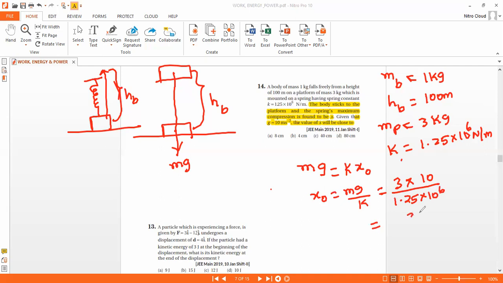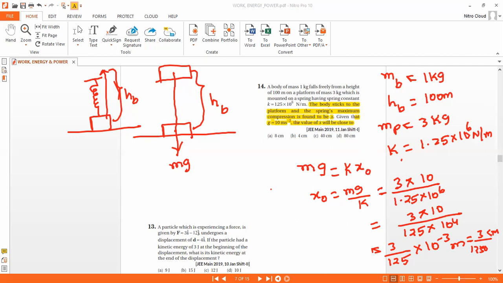That is 3 into 10 by 125 times 10 power 4, approximately 3 by 125 into 10 power minus 3 meters. That is approximately x naught equal to 3 by 1250 centimeters. I got the initial compression of the spring.